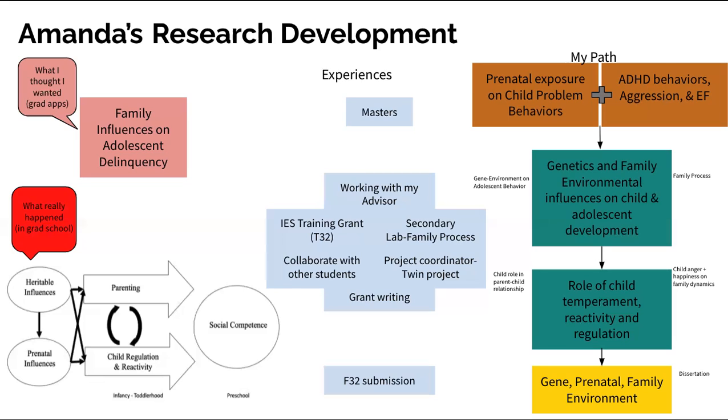It's pretty common in a lot of programs, but in that secondary lab, I really got involved in understanding more about family processes. But that lab didn't have genetic research. So my projects were kind of diverging, where one was looking at family and genetics, the other was looking at just family without genetics.